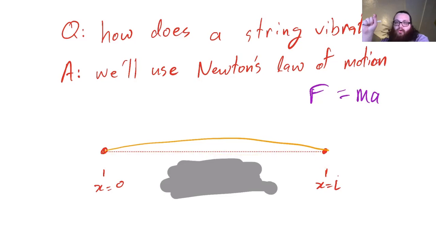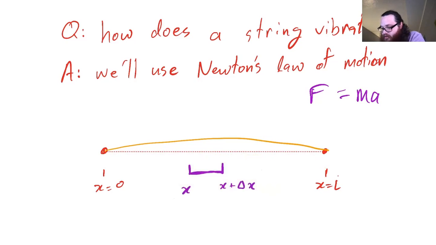Then you pull it up and hold it there, and you get the orange profile. To analyze the system, we're going to focus in on a little interval, do the analysis there, and then piece things together.